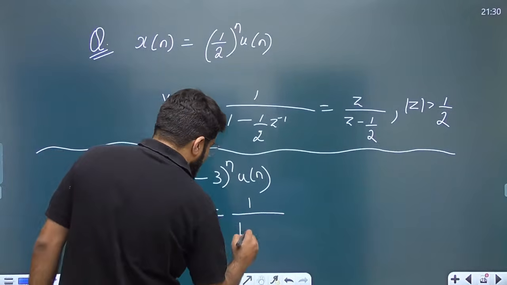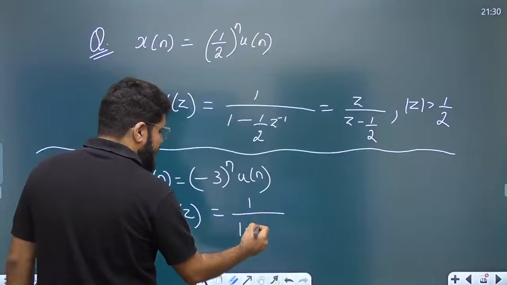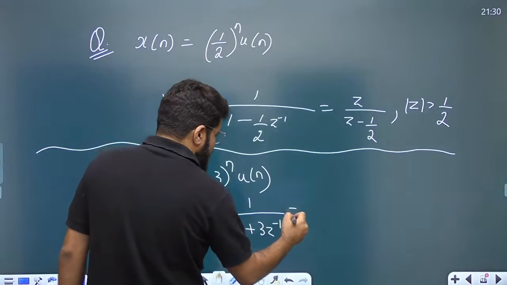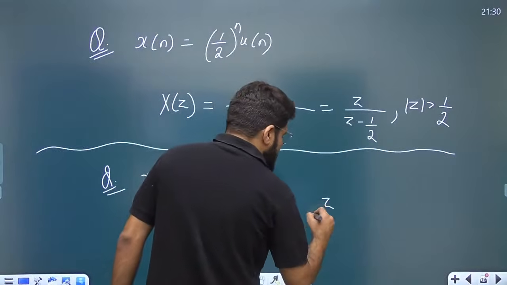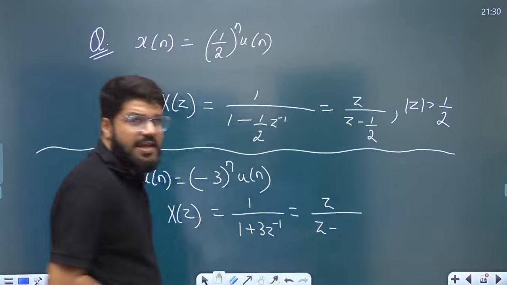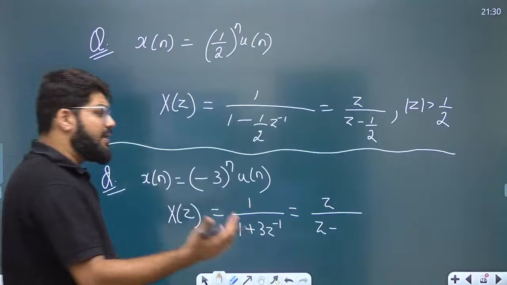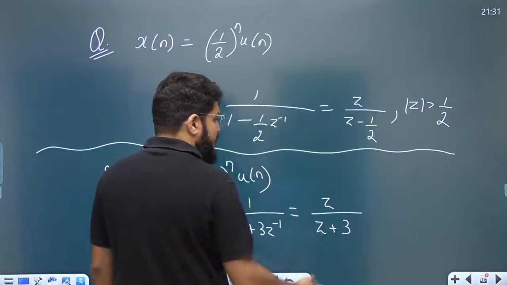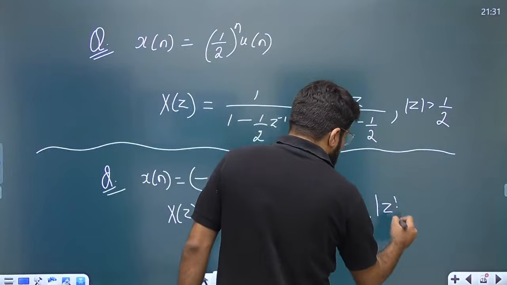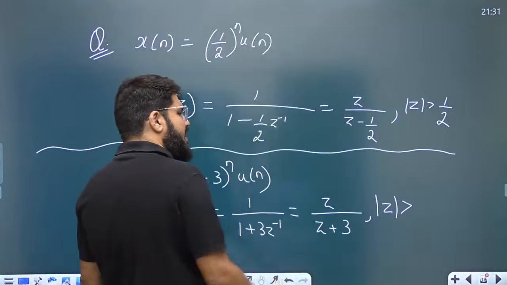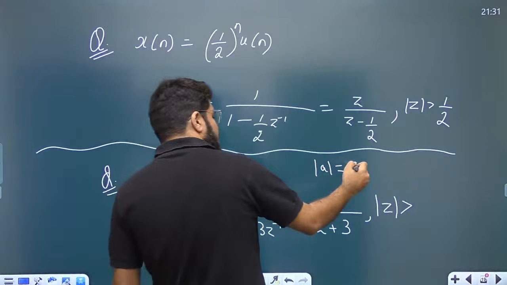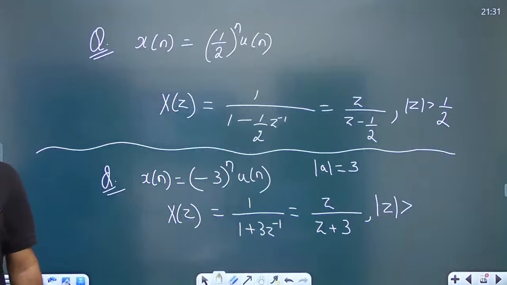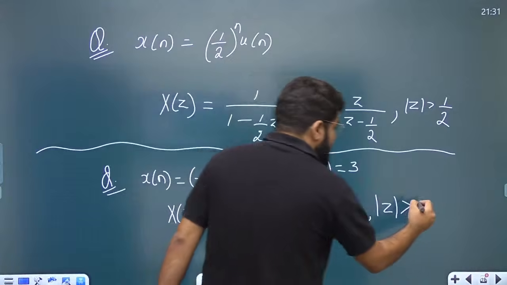So 1 upon 1 minus a z inverse, with a equal to minus 3, becomes 1 upon 1 plus 3 z inverse, or equal to z upon z minus a, that is z upon z plus 3, with the condition mod z greater than modulus of a. So what is the modulus of a here? Modulus of minus 3 is 3.